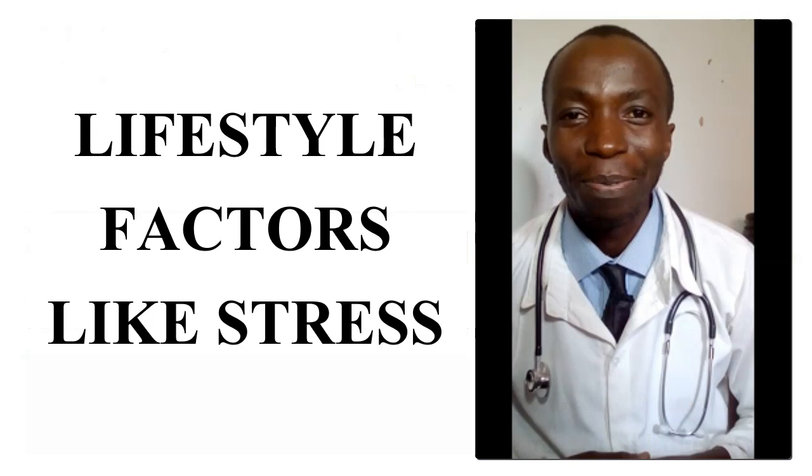Cortisol is a stress hormone, and it interferes with a woman's chances of getting pregnant. A woman who is in a happier relationship, a woman who is less stressed, may produce more progesterone, and progesterone is a pregnancy-friendly hormone.